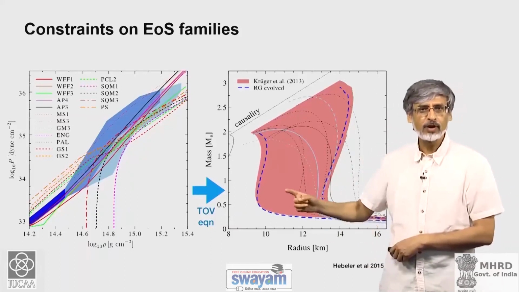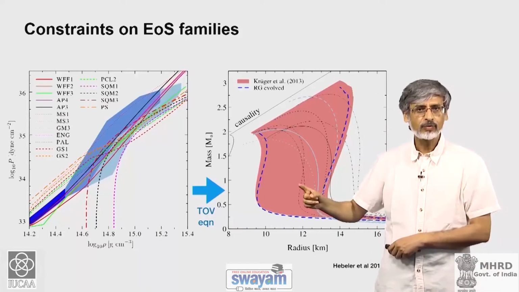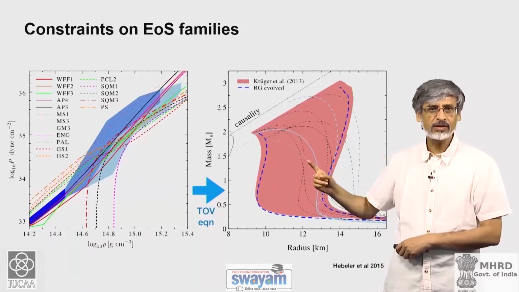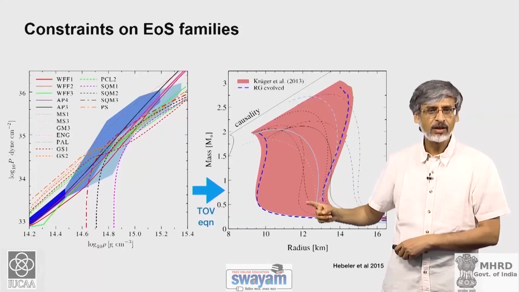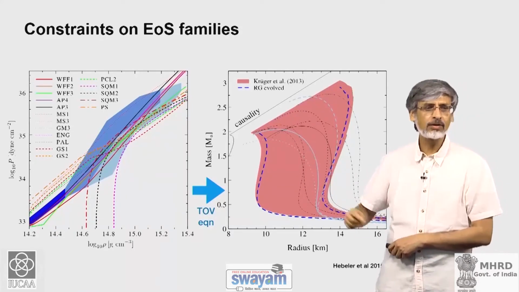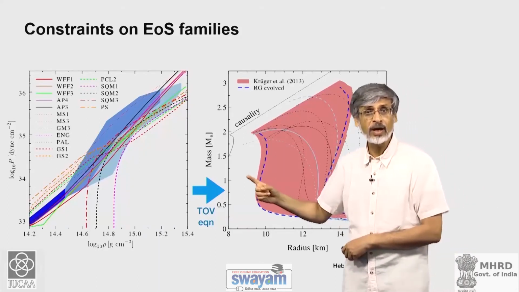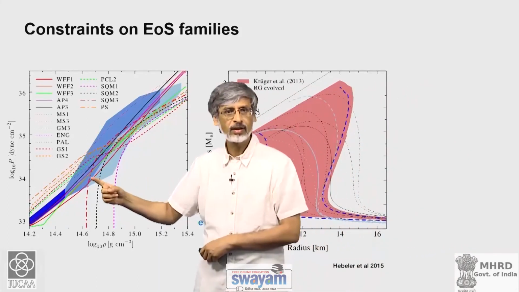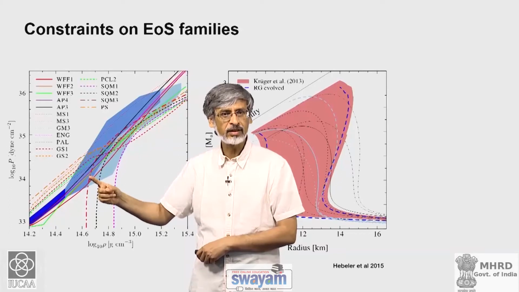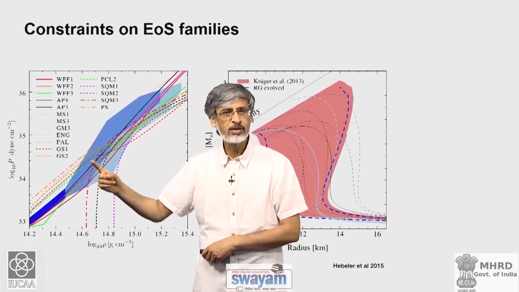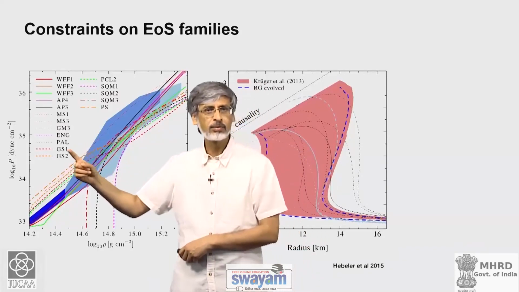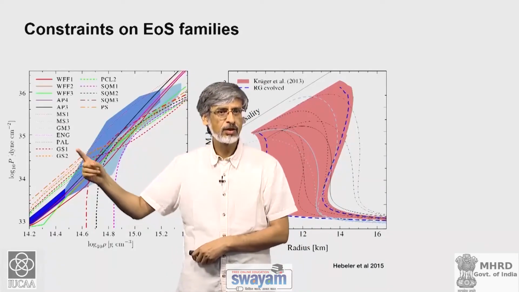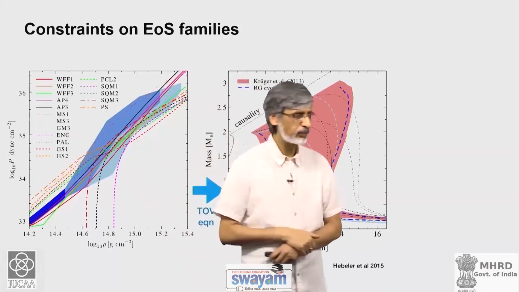So, if by observations of neutron stars, one can establish which mass radius relation neutron stars actually follow, we would have then placed a constraint on the equation of state and perhaps chosen one of these possible relations which are enlisted over here.